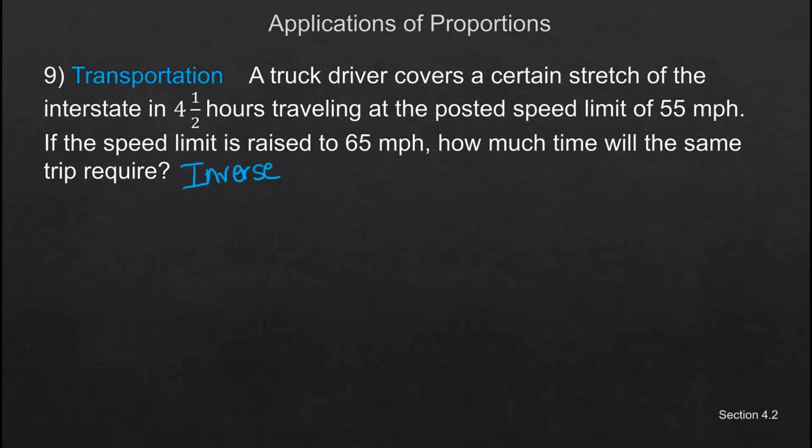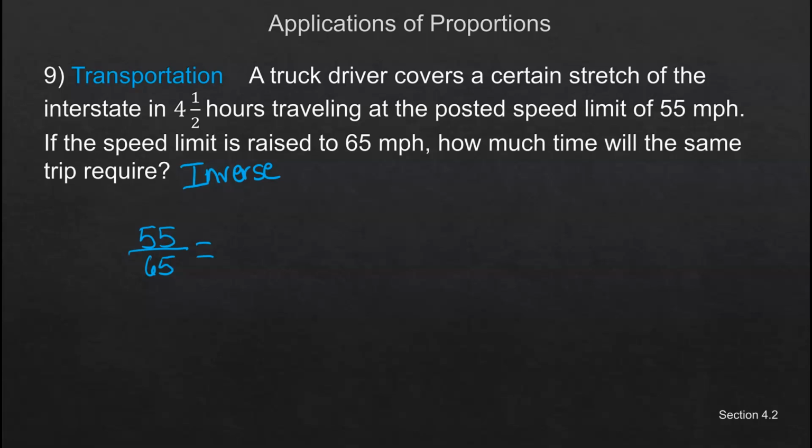Now, we want to remember to get this set up correctly, so I'm going to take my 55 to 65, right, miles per hour. I'm going to put those on the same side. This helps me get this right. If you don't do this on the inverse, it's often that you don't get them set up correctly. And you notice that I'm not even showing you the other ways to set these up, because I want you to find a consistent way that works for both direct and inverse.